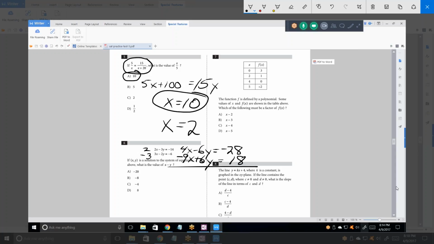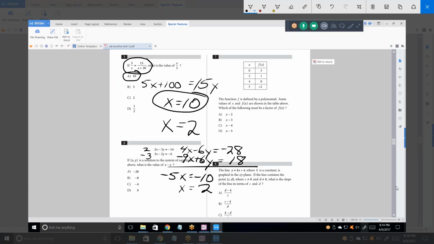First of all, you're going to add the two equations. Remember, you can always do either add or subtract. You don't have to always be adding. In this case, because those signs are opposite, you definitely would want to add. So you get minus 5x is equal to minus 10, so x equals 2.